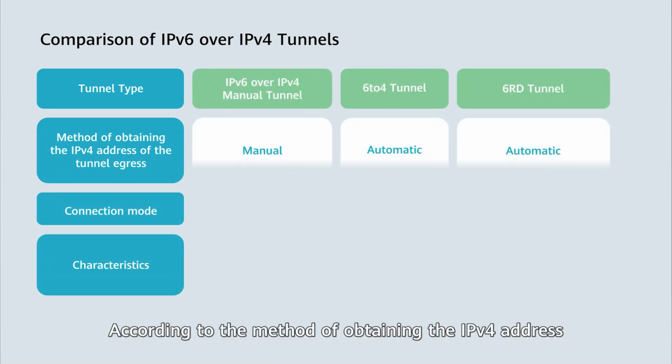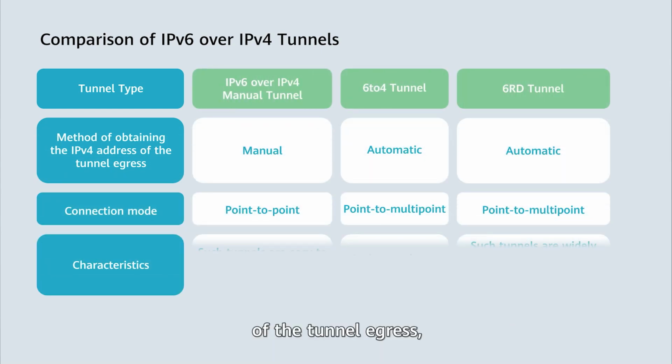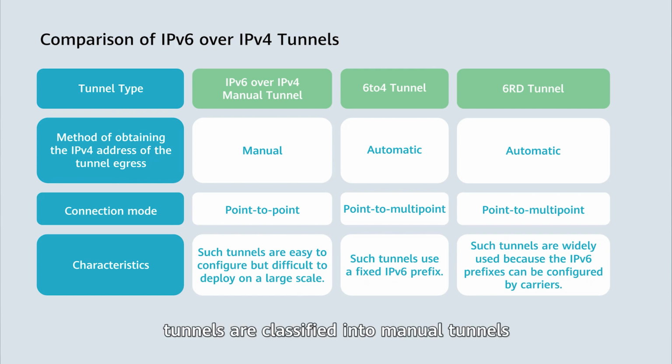According to the method of obtaining the IPv4 address of the tunnel egress, tunnels are classified into manual tunnels or automatic tunnels. The 6to4 tunnels and the 6RD tunnels are automatic tunnels. IPv4 addresses of the ingress and egress need to be manually configured for an IPv6 over IPv4 manual tunnel. In contrast, only the IPv4 addresses of the ingress need to be manually configured for a 6to4 or 6RD tunnel.